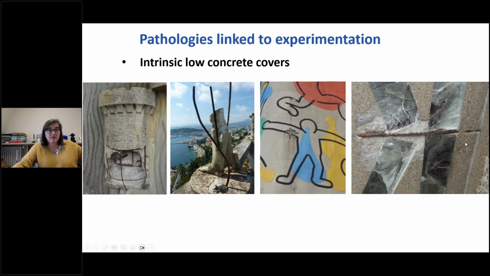So heavy corrosion. And here, I've shown you, you've seen already, windows mixing glass and concrete, and unfortunately there is reinforcement, and the thickness of those pieces is the thickness of the glass pieces, so that the concrete cover is not enough.